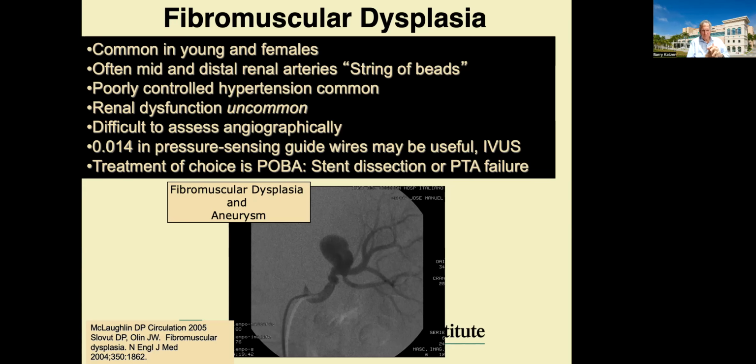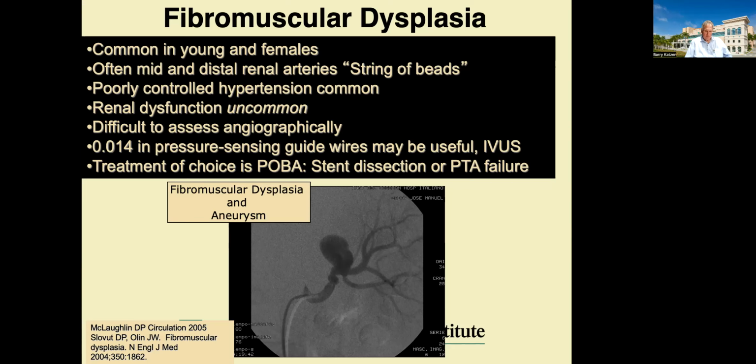It's unusual for FMD to lead to renal failure or renal dysfunction, in fact, but longstanding hypertension, of course, can lead to that. It's difficult to assess angiographically, and we do use hemodynamics using pressure wires, and intravascular ultrasound can be helpful as well in terms of really understanding the severity of the disease.